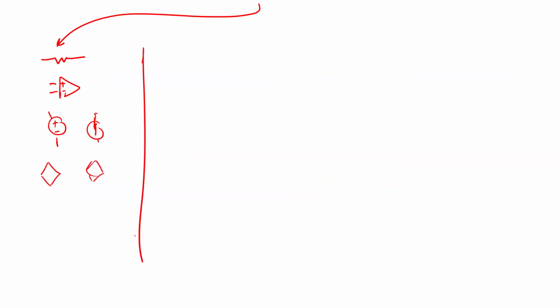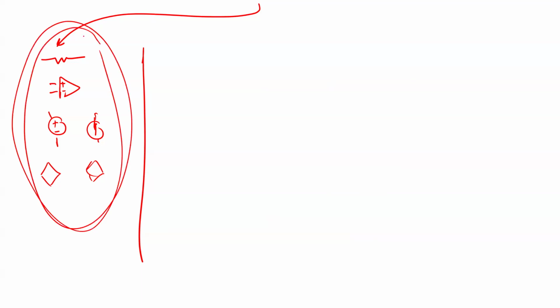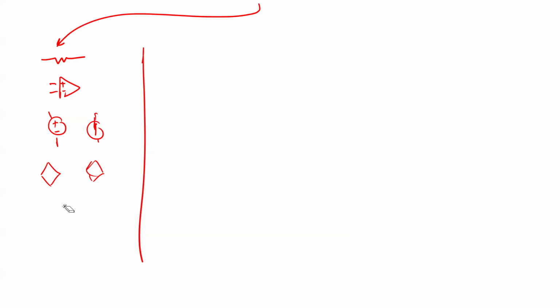This is in the first maybe 5 or 6 chapters. There, how can you analyze the circuit? I explained Kirchhoff's current law, Kirchhoff's voltage law, Thevenin's theorem, and so on.